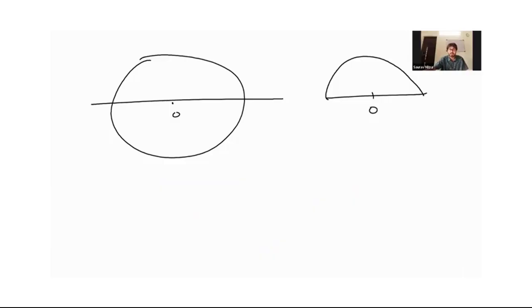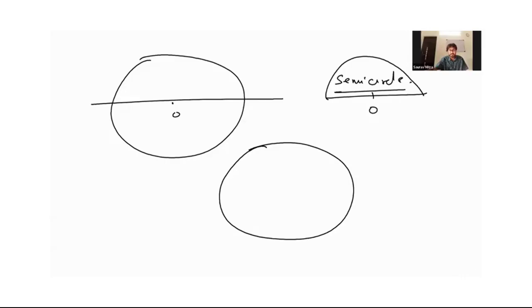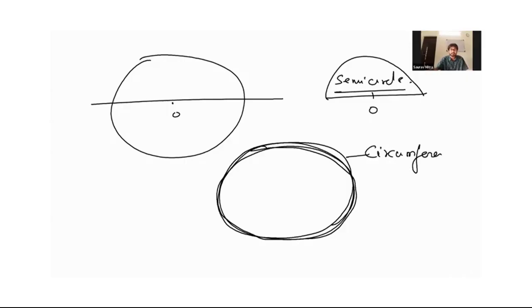This is called your semicircle region. And circumference, what do we mean by circumference? Circumference is the outside boundary of the circle. This length is called your circumference.